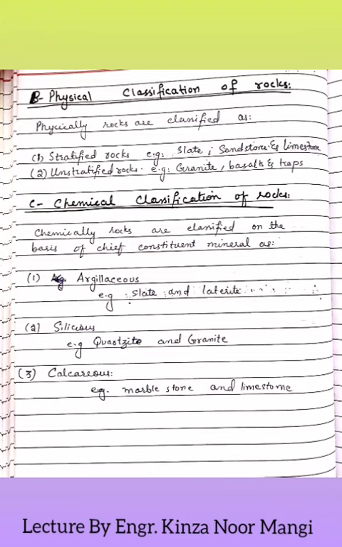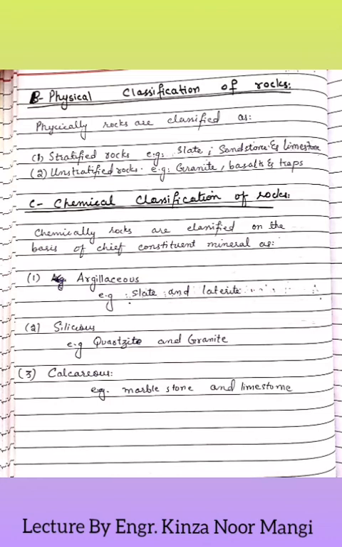Now coming towards the third classification, C, chemical classification of the rocks. Chemically, rocks are classified on the basis of the chief constituent mineral. There are three headings under the chemical classification of rocks: argillaceous rocks, siliceous rocks, and calcareous rocks.